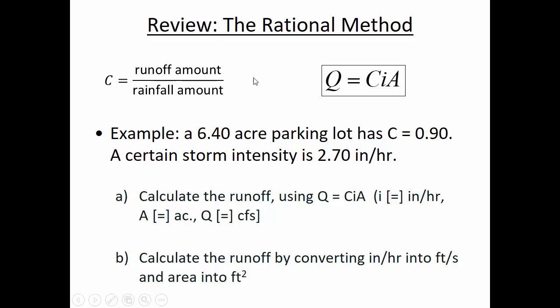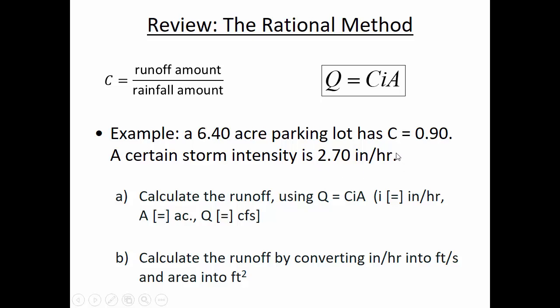All right, so the first thing I wanted to emphasize, and I don't think I've put it as succinctly as this before, is that it's the runoff amount divided by the rainfall amount. So let's say that we have a parking lot with a C value of 0.9, and we know the area of the parking lot, and we know the rainfall intensity that applies. How would we pick this rainfall intensity?